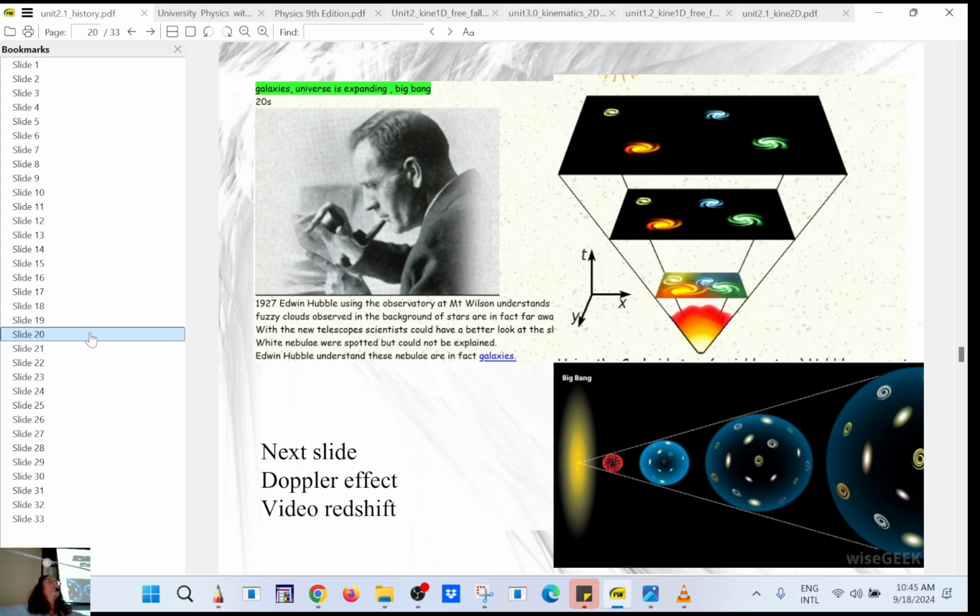Do you understand? Because you have more stretch, more fabric. The distance is more. But it doesn't mean that it's expanding faster. It's expanding at a constant rate, but from your perspective, the further you look, the more the speed will be.